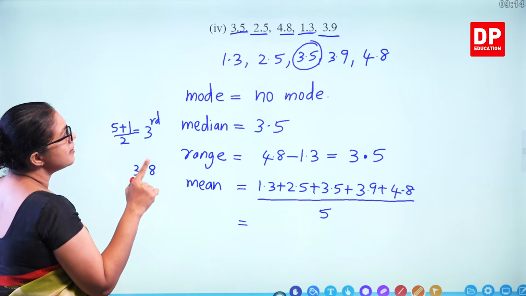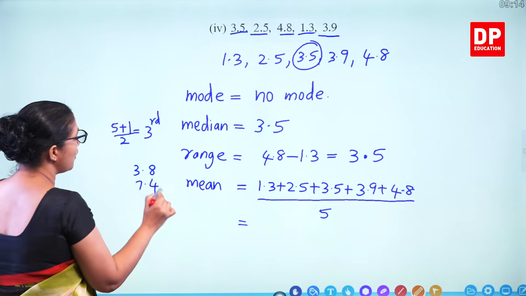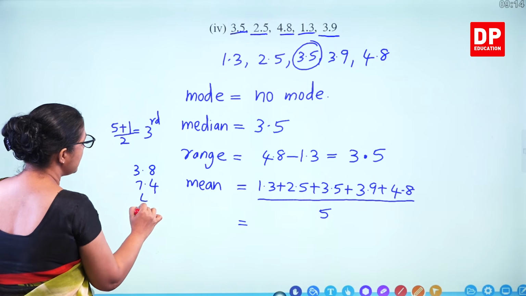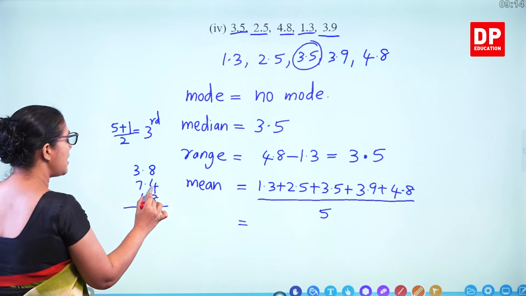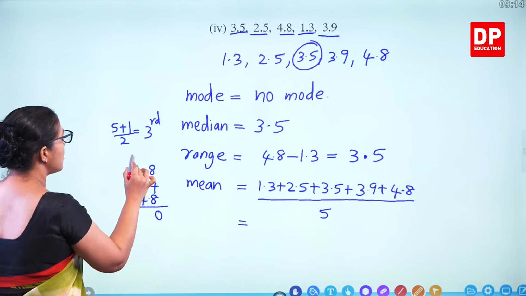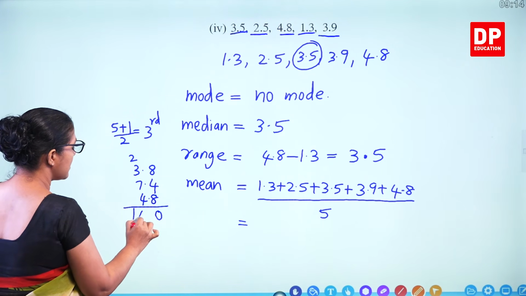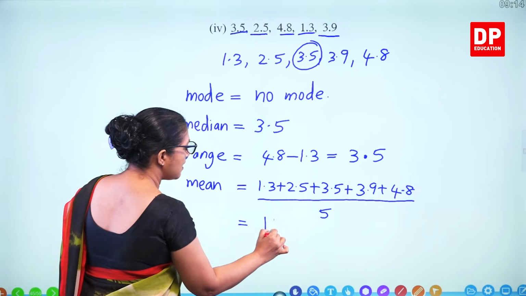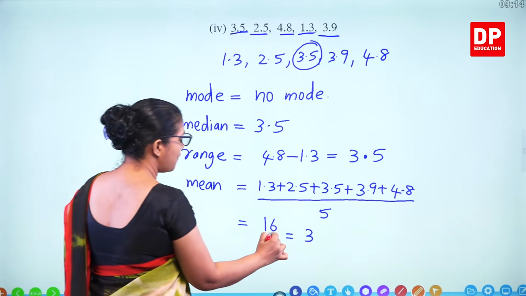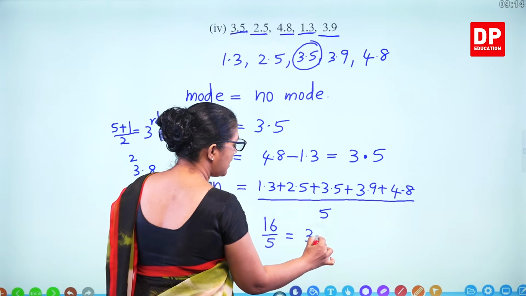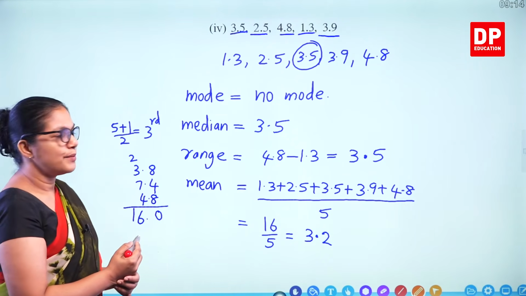Second, third and fourth, 7.4 and 4.8. 8 and 8, 16. 16 plus 4, 20. 2 remaining. 10, 14, 16. So 16 divided by 5. 5 times 3, 15. And for 10, that's 2. So 3.2 is the mean value.